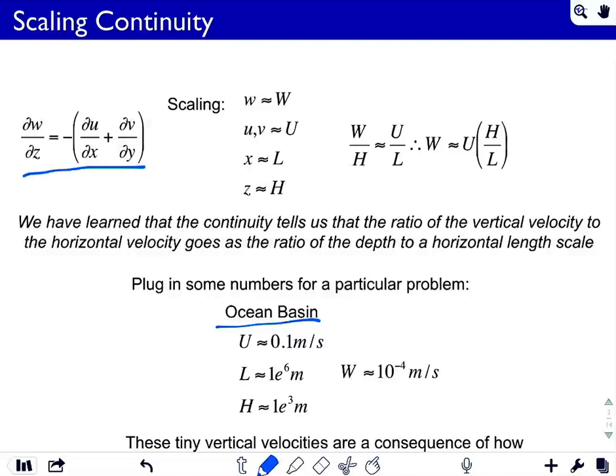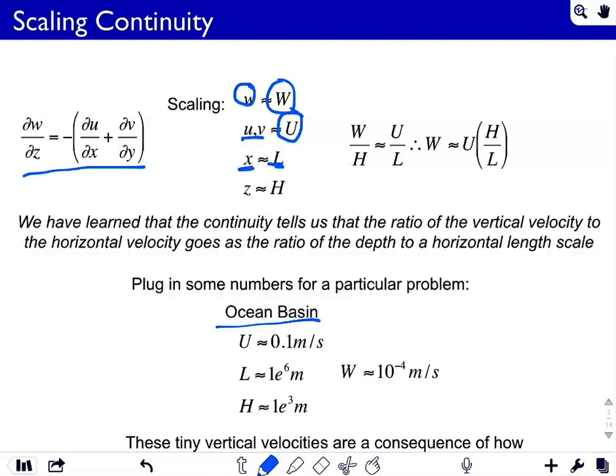So for W velocity, we're going to scale it using some constant W velocity, and we're not quite sure what that is at the moment. The U and V velocities we will scale using a constant U velocity. The X direction we will scale using some constant L. And so when we apply these constants, we're thinking about what are rough orders of magnitude for these values in our area of interest.